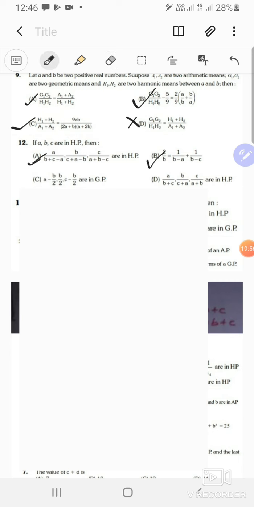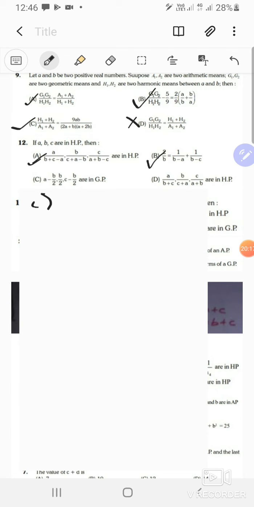Okay, so the next option is a minus b by 2, b by 2, c minus b by 2 are in a GP. So a minus b by 2, b by 2, c minus b by 2 are in GP.